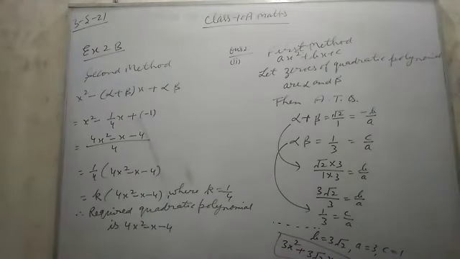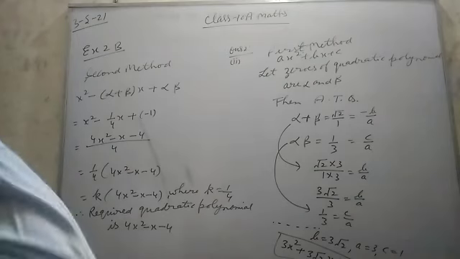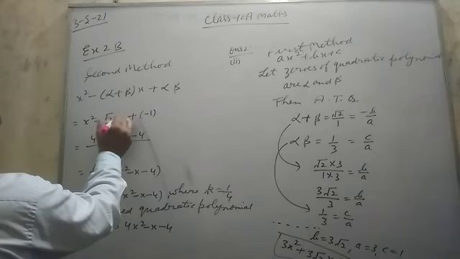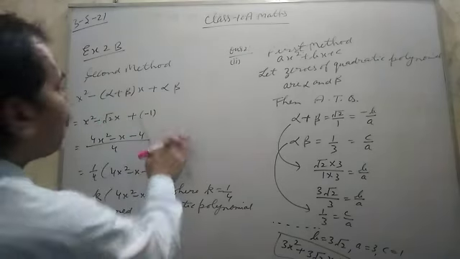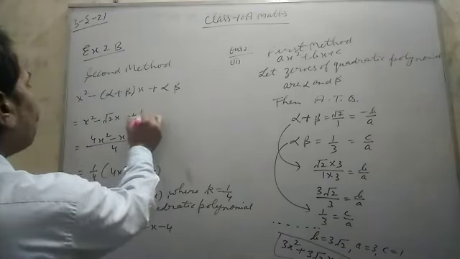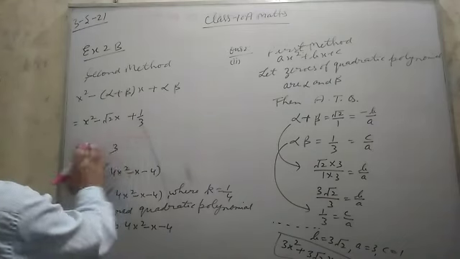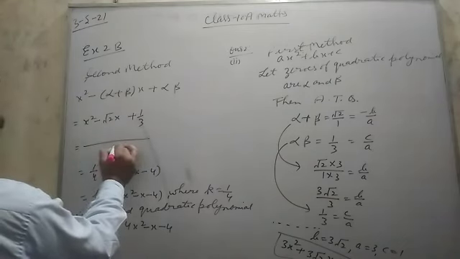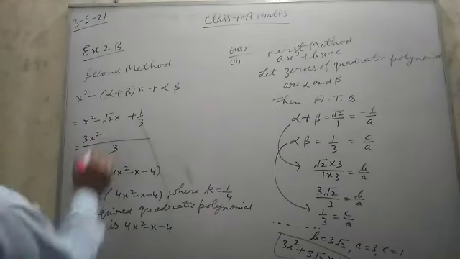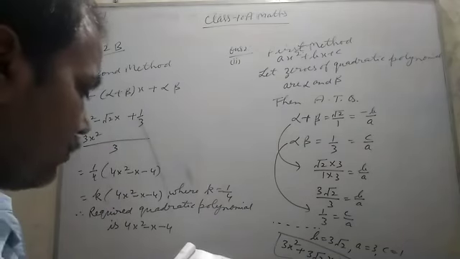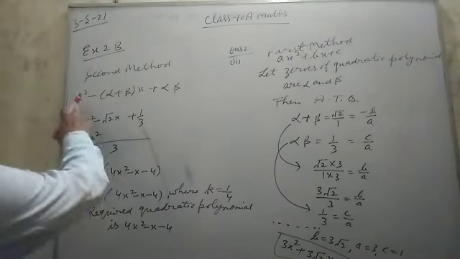By this way also you can do. In place of that you will write under root 2, and alpha beta is given as 1 by 3. So take LCM 3. So 3x square, this is given x square minus 4.